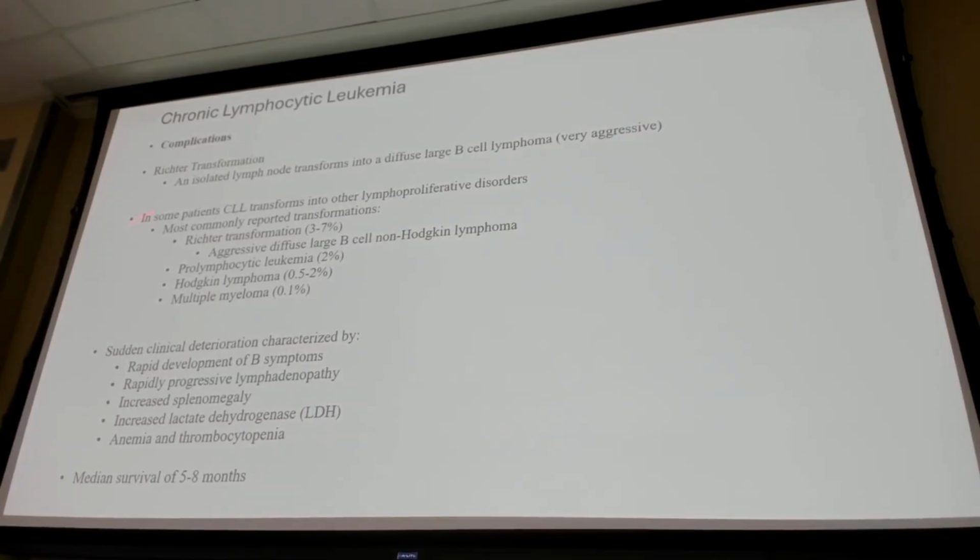So what we have here is an isolated lymph node transformed into a diffuse B-cell lymphoma. What happens is these abnormal cancer cells, these abnormal lymphocytes, like to go certain places: lymph nodes, spleen, whatever. Richter transformation is while they're in the lymph node, they undergo these other transformations. These cells have already gone through a series of genetic mutations just to be a cancer cell. Now they're in that lymph node, they continue to go through some more changes.